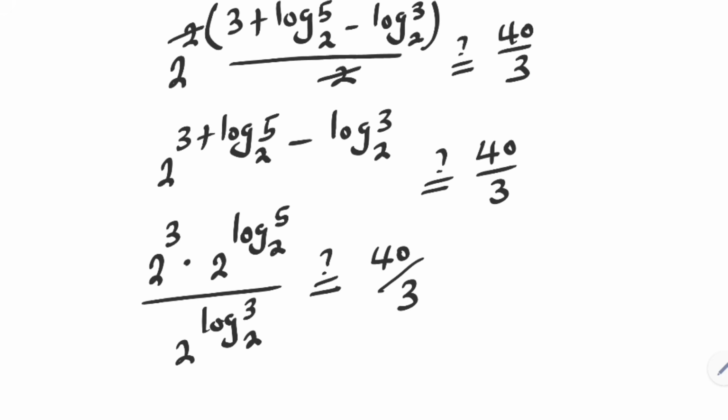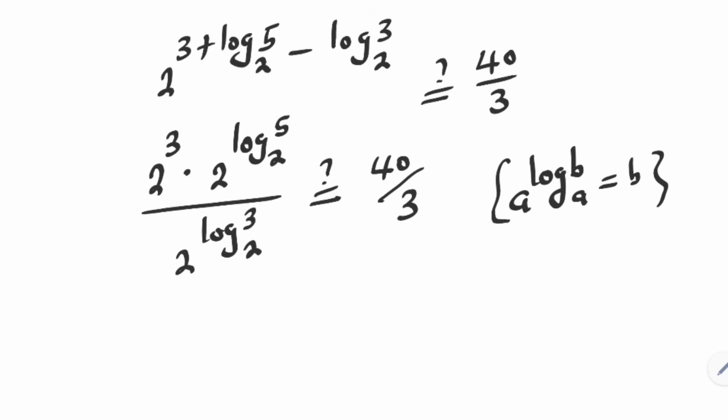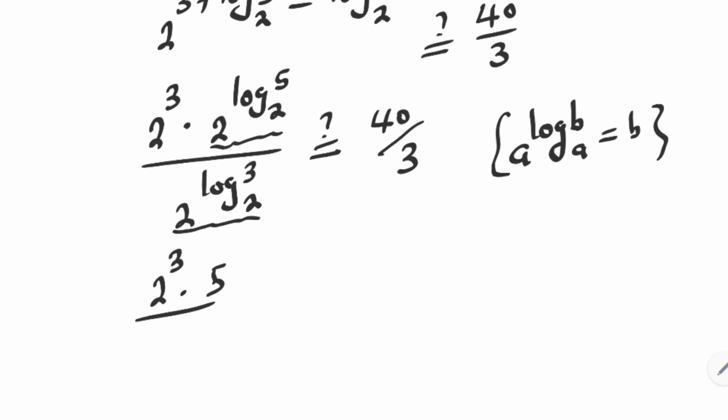Take note of this, that if you have a raised to power log b base a, this is equal to b. Then this is 2 raised to power 3 multiplied by 5 over 3 must be equal to 40 over 3.